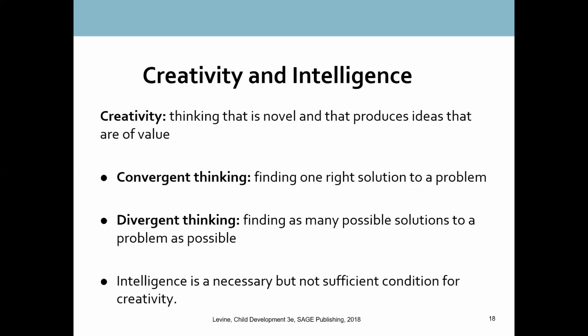And then we have creativity, which we can define as thinking that is novel and that produces ideas that are of value. So when we look at creativity, we look at divergent thinking in particular.